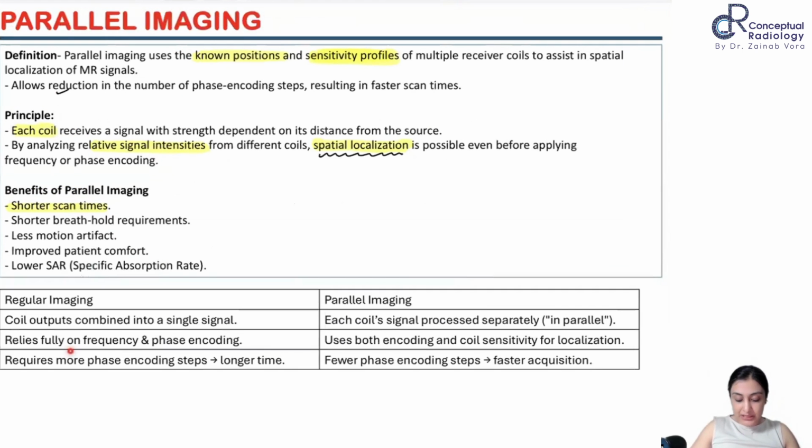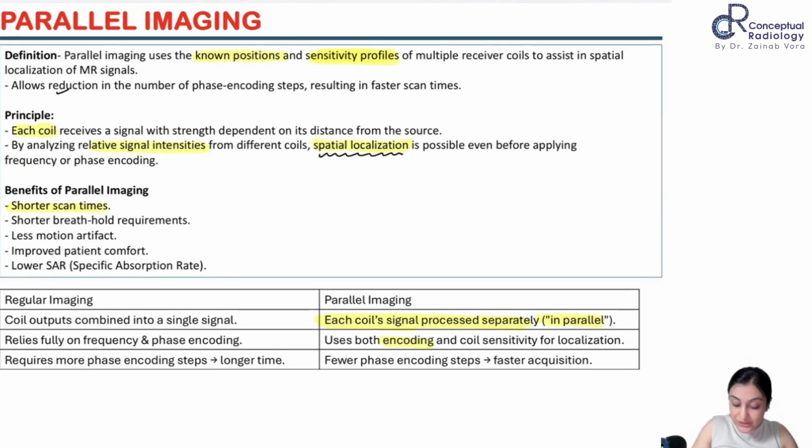Look at this table, regular imaging versus parallel imaging. So in regular imaging, what is it? Coil outputs are combined into a single signal, whereas in parallel imaging each coil's signal is processed separately. So that is why the name is parallel imaging, because you are looking at each coil's signal separately and you are utilizing the spatial information there. So this is what it is.